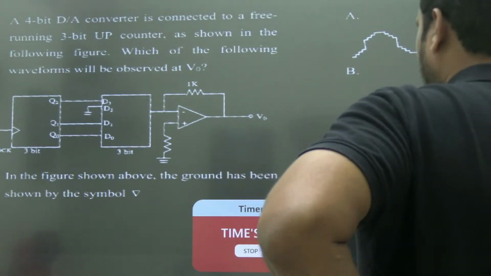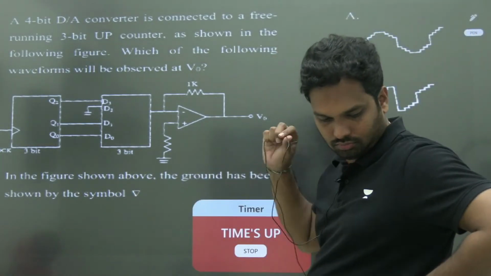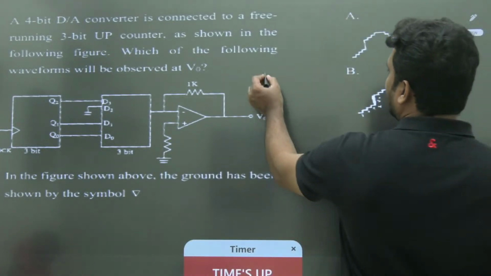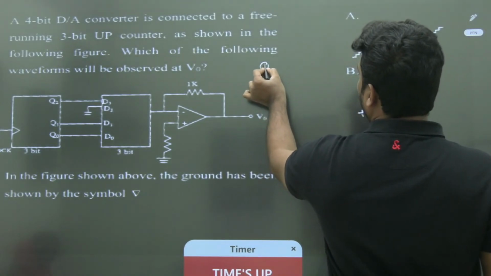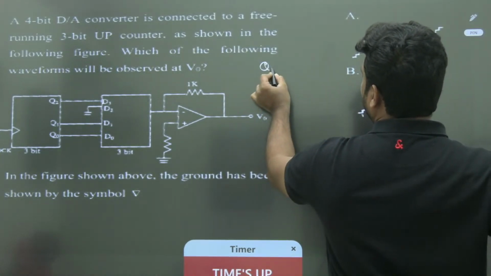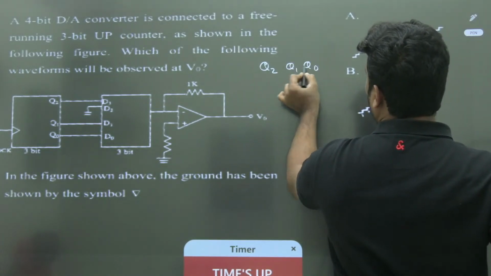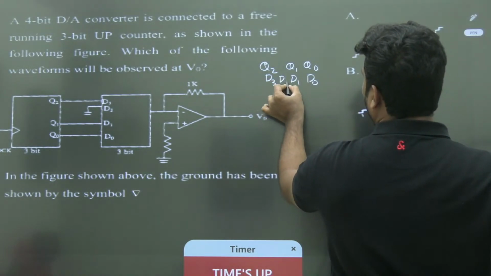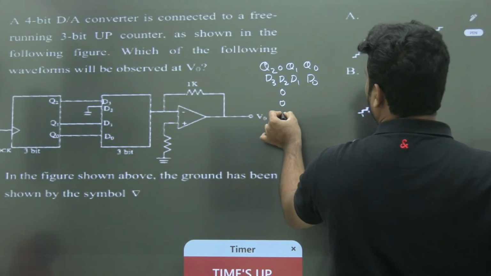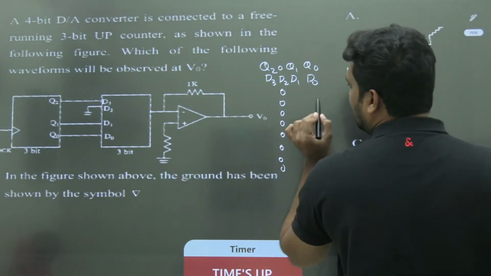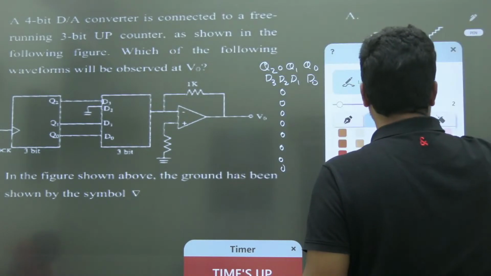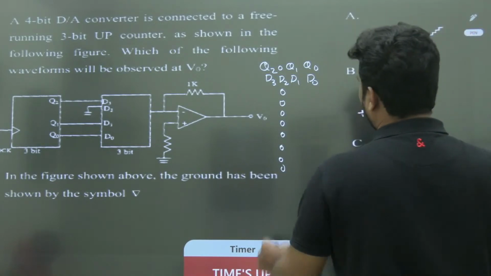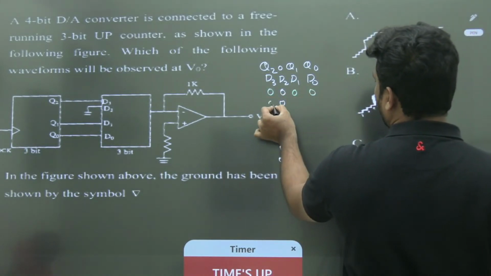Right. Time out. So here Q2, Q1, Q0 are connected to D3, D1, D0, and D2 is left 0 to the up counter. So here the up counter inputs are, you start with all zeros.